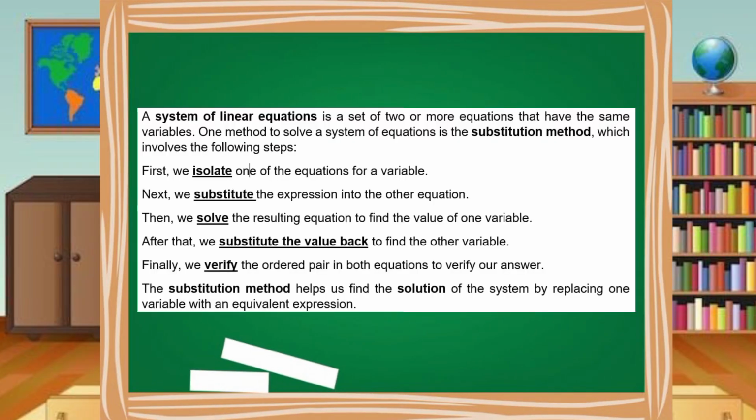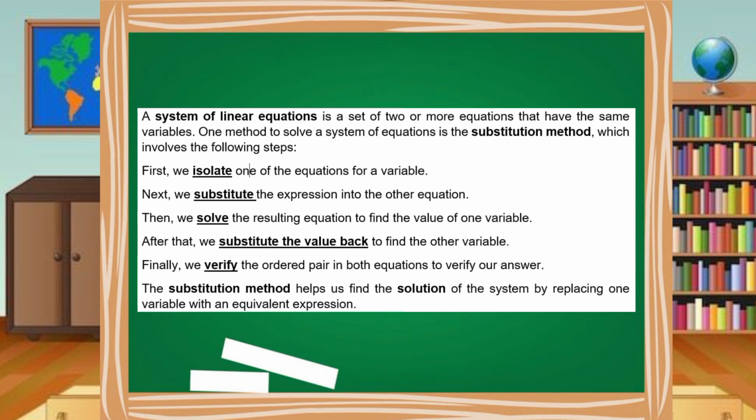A system of linear equations is a set of two or more equations that have the same variables. One method to solve a system of linear equations is the substitution method, which contains the following steps. First, we isolate one of the equations for a variable.